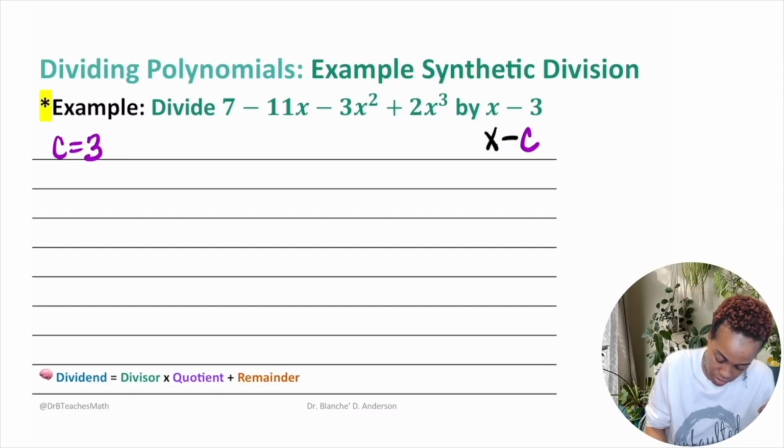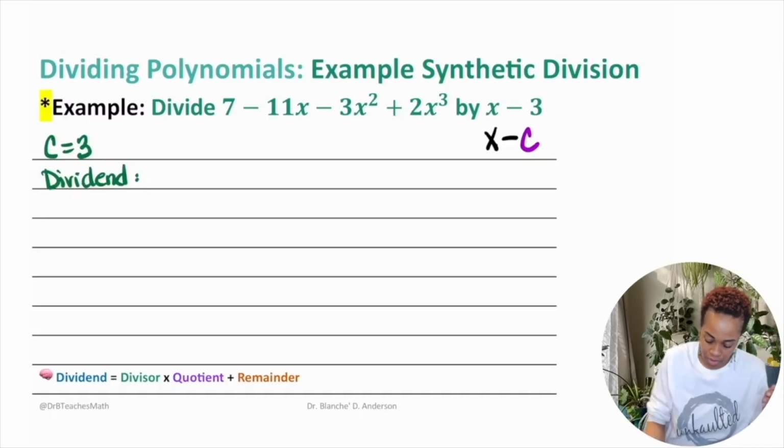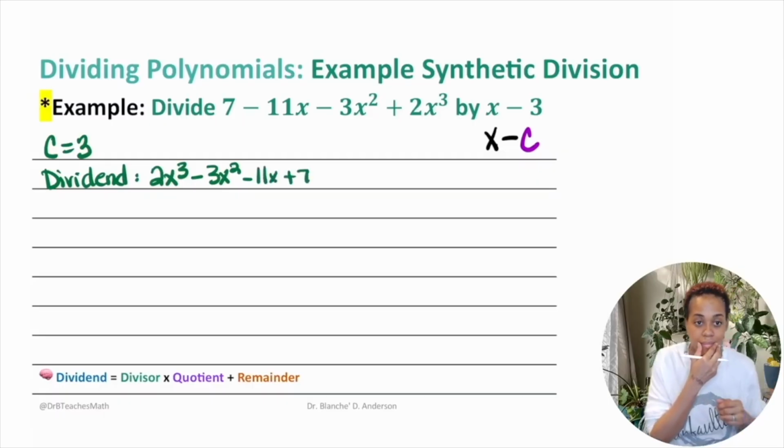Let me write my dividend in descending power order. So that's going to be 2x cubed minus 3x squared minus 11x plus 7, right? 2x cubed minus 3x squared minus 11x plus 7.